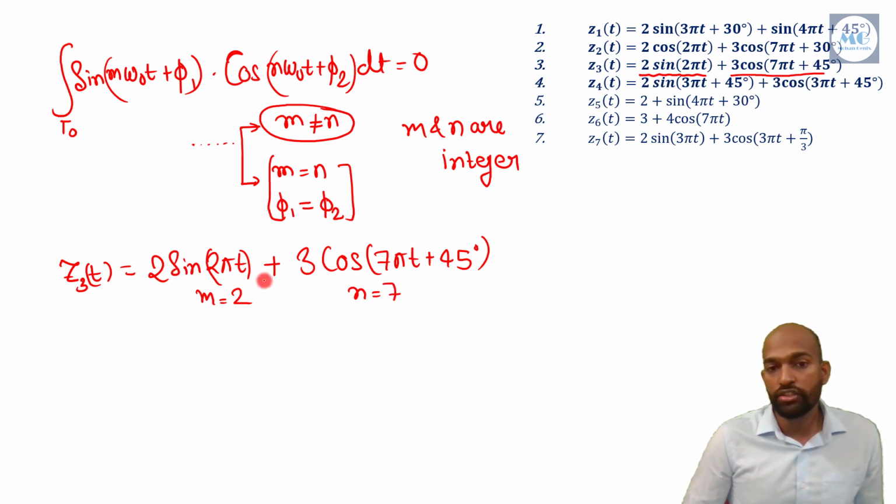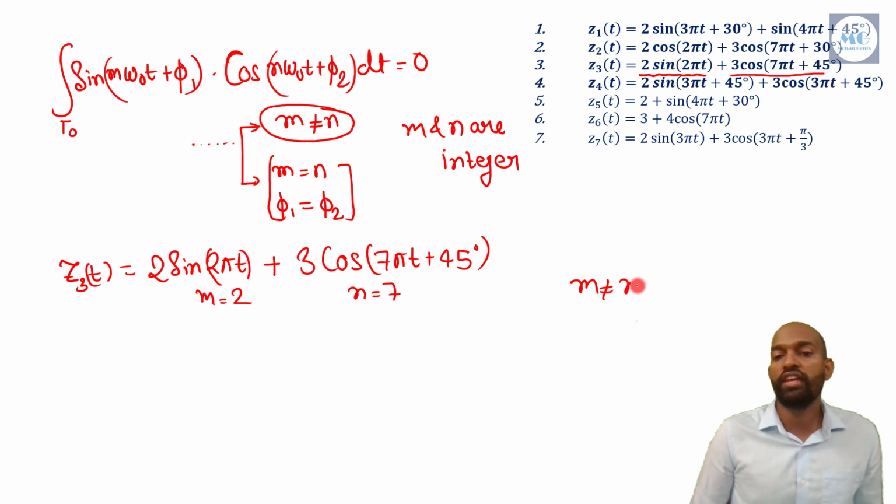If we compare these two functions with these functions, and m and n are not equal, so we can apply this formula and we can say that these two signals are orthogonal signals, and using our concept of orthogonality, we can say that power of z3t will be equal to power of this signal plus power of this signal.